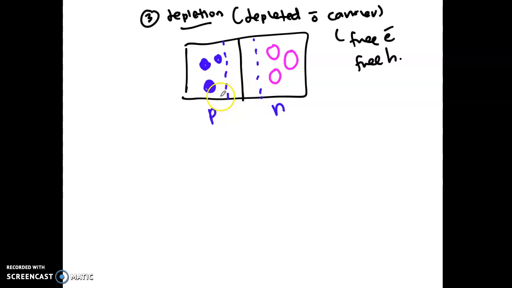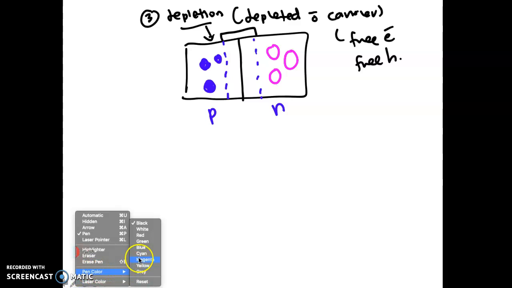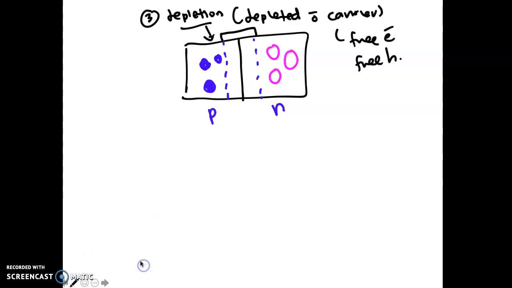Okay. So where is your depletion? Depletion is in this region. But is it really empty? Remember previously we mentioned that inside your p-type and n-type there are what we call static ions, the charges that cannot be moved, right? In your p-type you will have negative charge. In your n-type you will have positive charge.